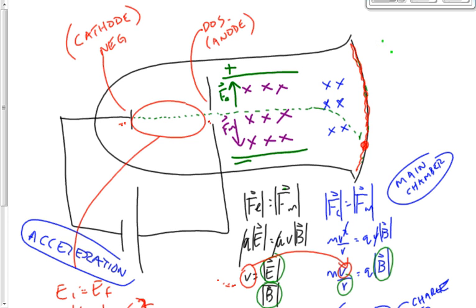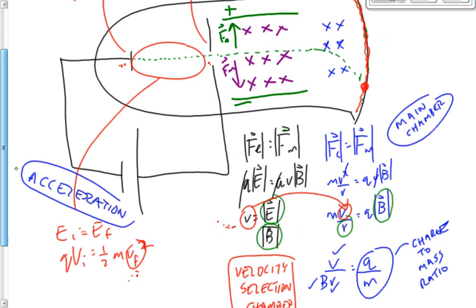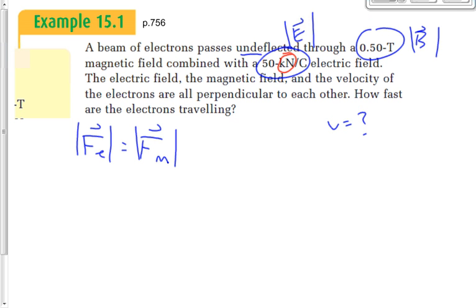So let's go Fe equals Fm. You don't necessarily need to derive it every single time, but I think you should, because the equation that we have for the velocity selection chamber, V equals E over B, that's not on our data sheet. But Fe is on your data sheet, and so is Fm.